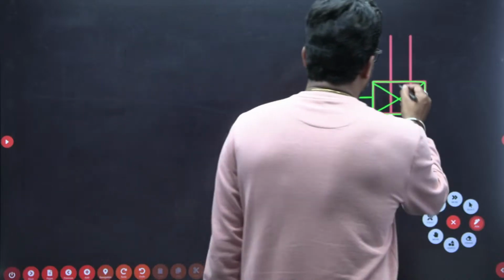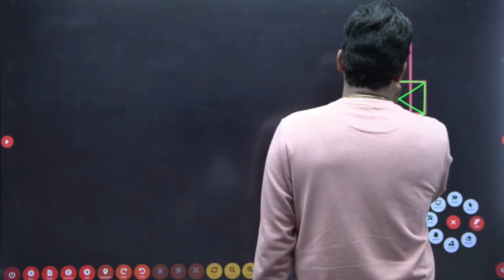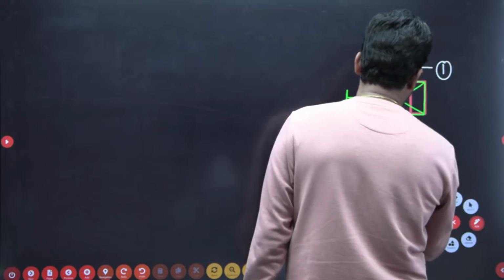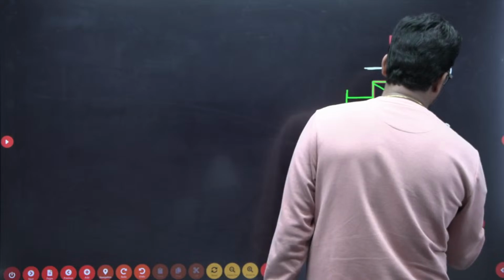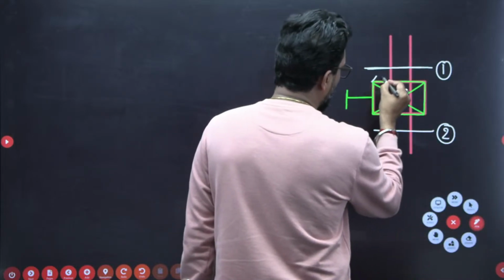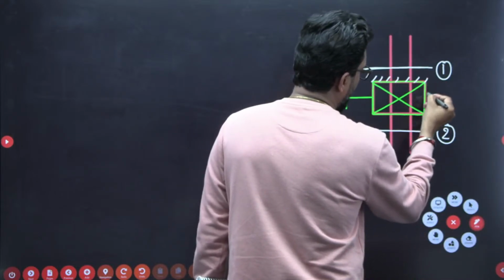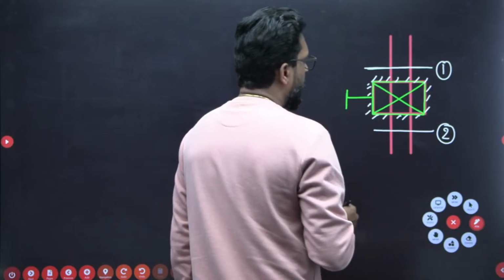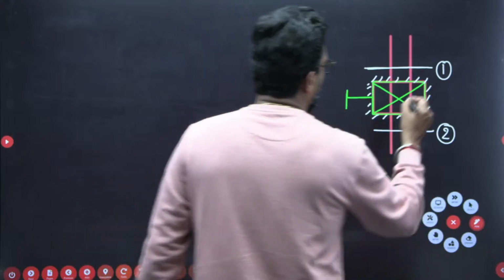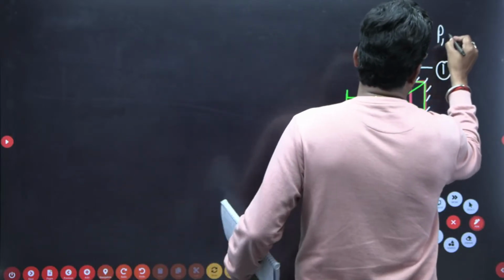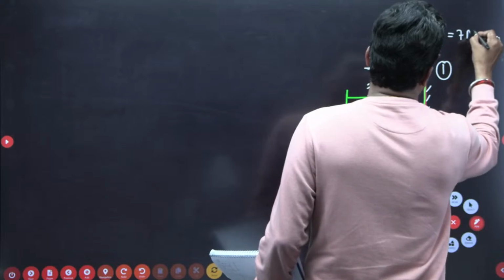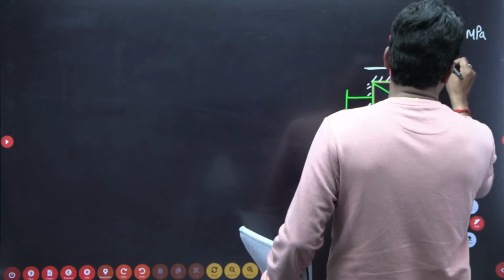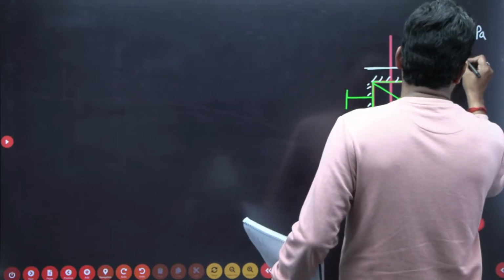Now, let's suppose this is our inlet section 1, and this is our exit section 2. And throttling must be adiabatic, so there is no heat transfer. Throttling is an adiabatic device. Now the condition is given: this pressure P1 is 7 megapascal, and the corresponding temperature is 450 degrees centigrade.